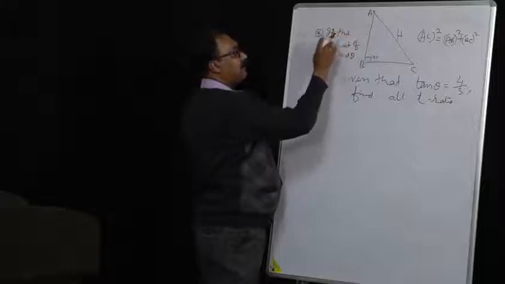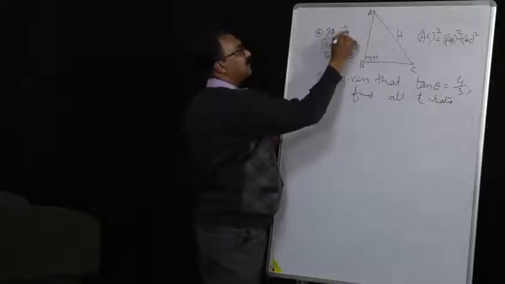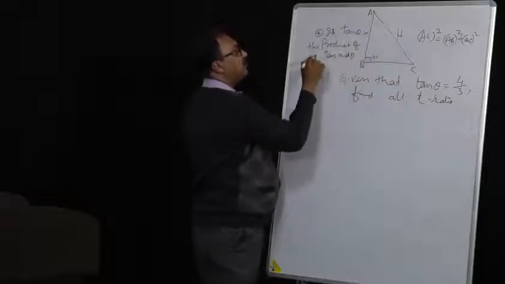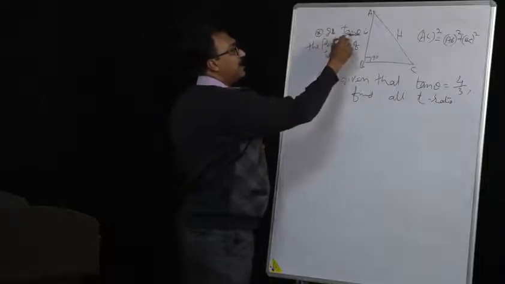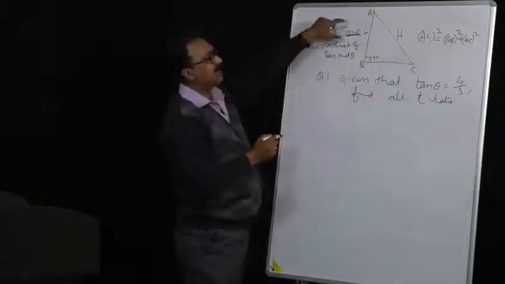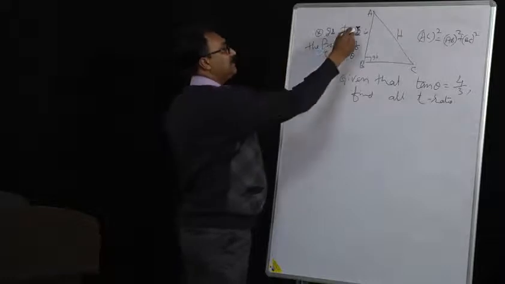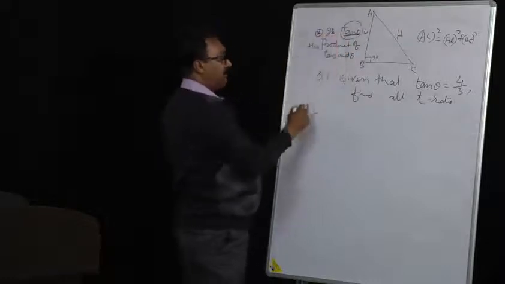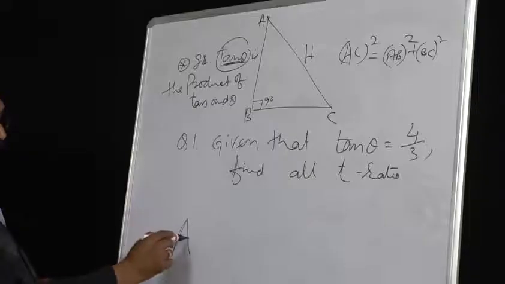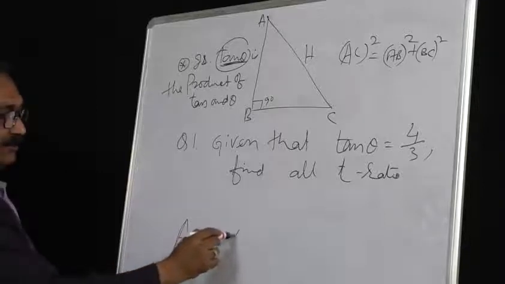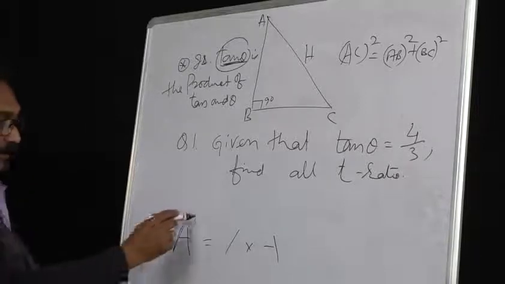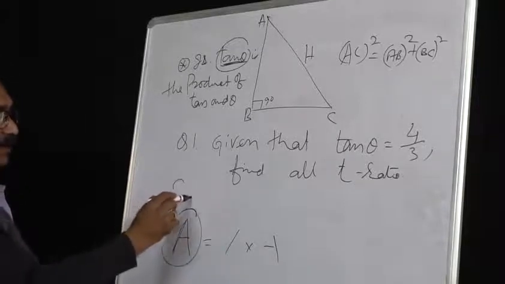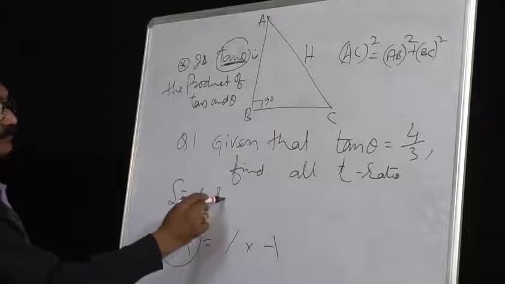Is tan theta the product of tan and theta? The answer is no. They are not products. It is just like a single symbol, like the alphabet A. Look here, A. Can you write A is equal to this into this? No, because it is a single symbol.